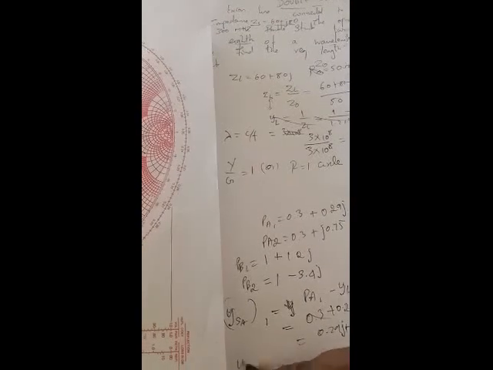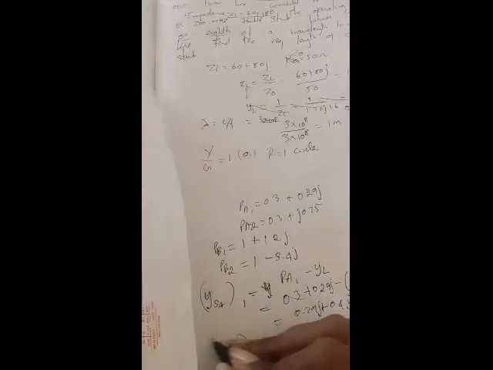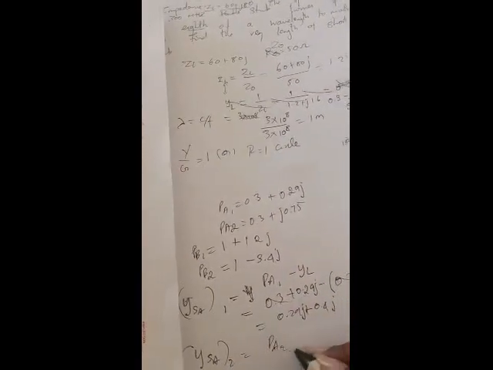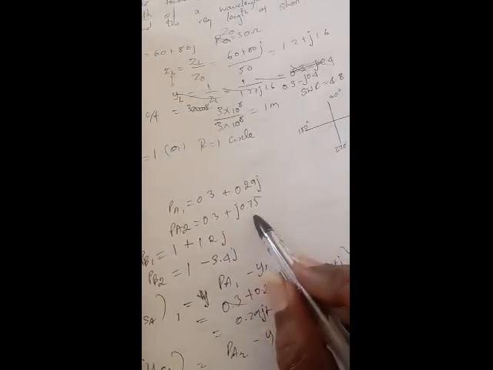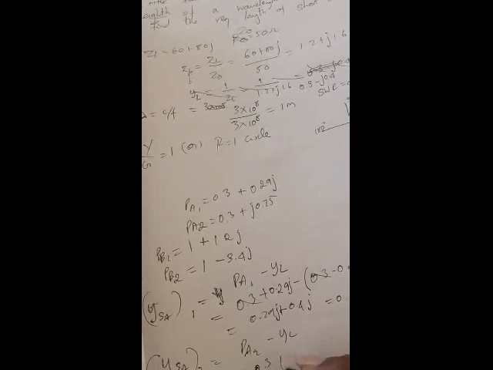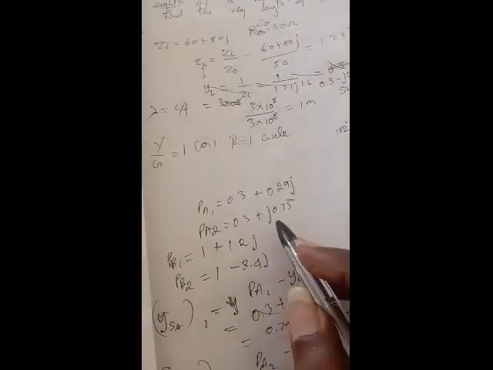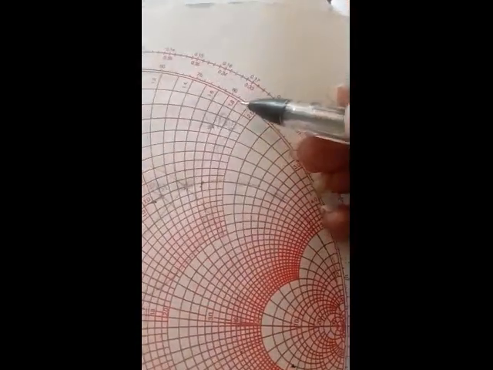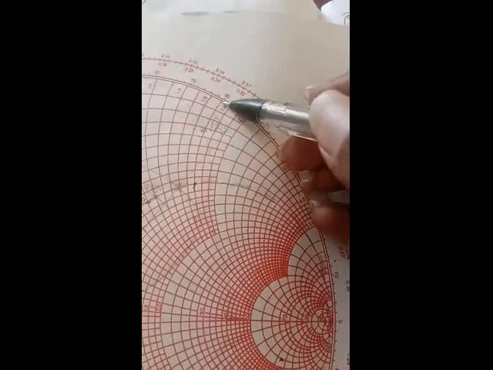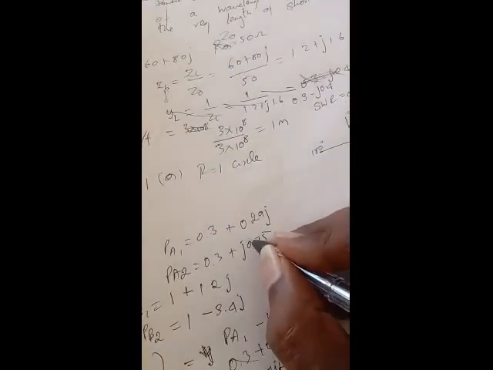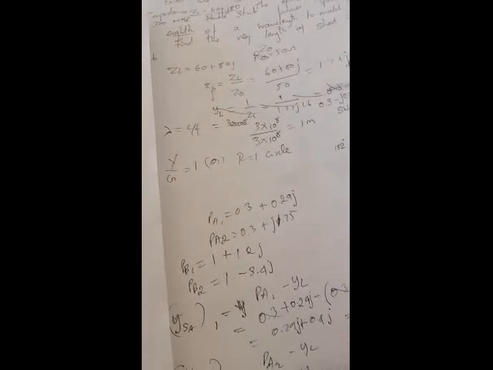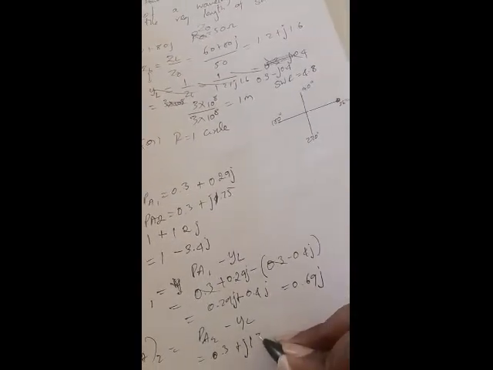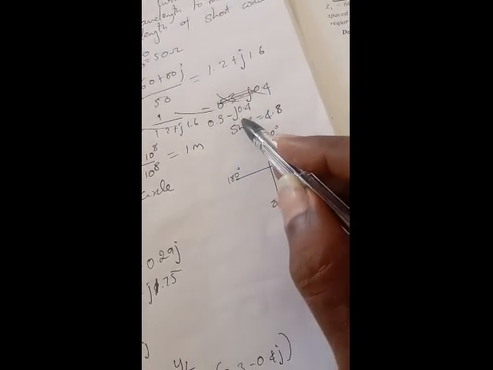Then same thing, YSA2 is equal to PA2 minus YL. What is PA2 here? PA2 is 0.3 plus J1.75. Actually this is not 0.75, this should be 1.75, because we already know 1.75, sorry, I made it 0.75. So J1.75 minus 0.3 minus of this one.